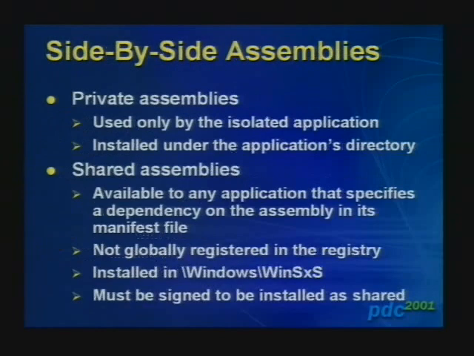So what are side-by-side assemblies? Side-by-side assemblies are DLLs and COM components that have the manifest. And there are really 2 types of side-by-side assemblies. Private assemblies are assemblies that your application will use, and you don't expect anybody else to use. You put them in your directory. In fact, you can do private assemblies now with Windows ME, Windows 98 SE, and Windows 2000.